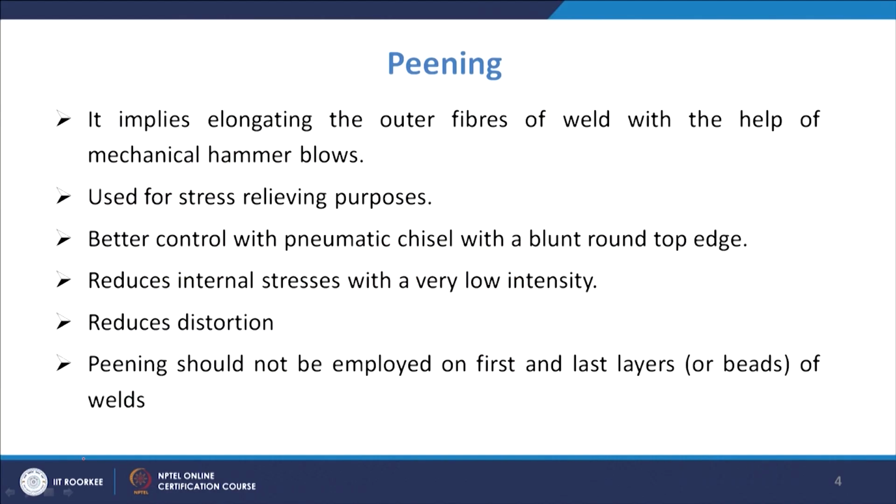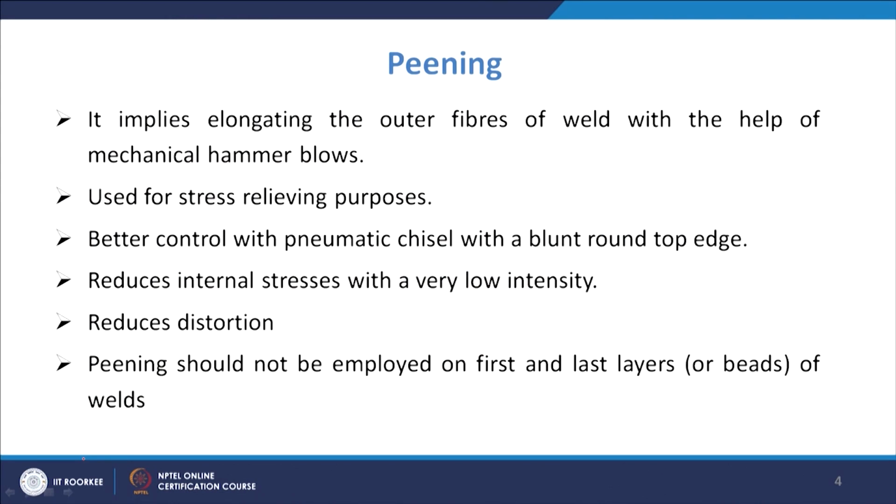The first among these methods is the peening method. As you know, peening is normally done with a hammer. In this case the purpose is to elongate the outer fiber of the weld with the help of mechanical hammer blows.